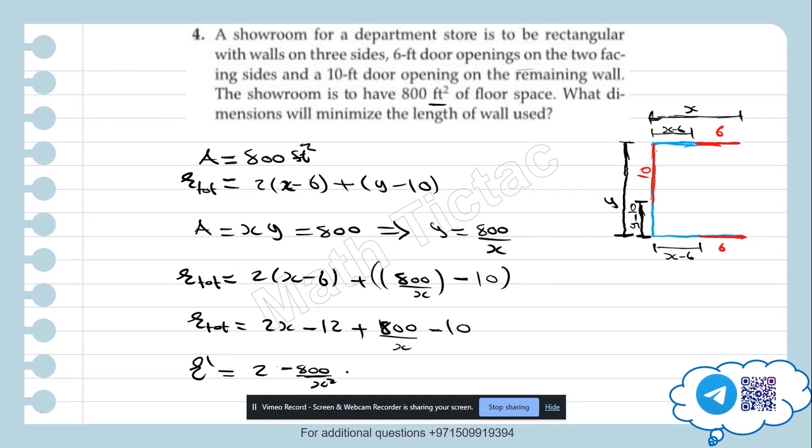So all we have to do is make the numerator equal to 0 to find the zeros.